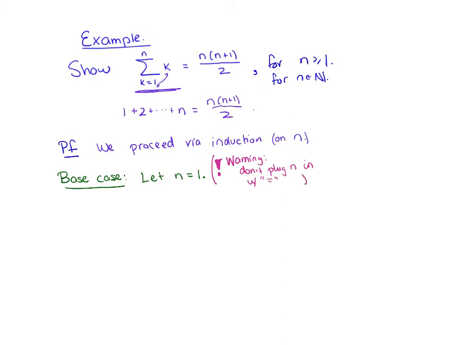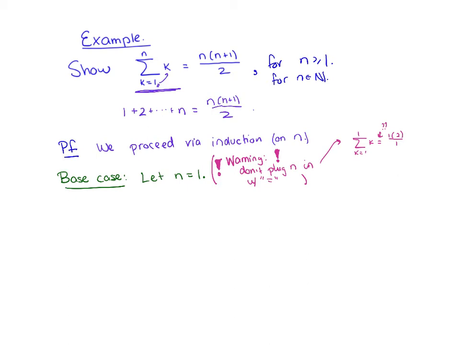That's what I'm trying to show. So I can't just write, oh, the sum from k equals 1 to 1 of k equals 1 times 2 over 2, because I don't know if that's equal yet. So it's better to actually work with both sides separately and then put them together. So what do I mean by that?